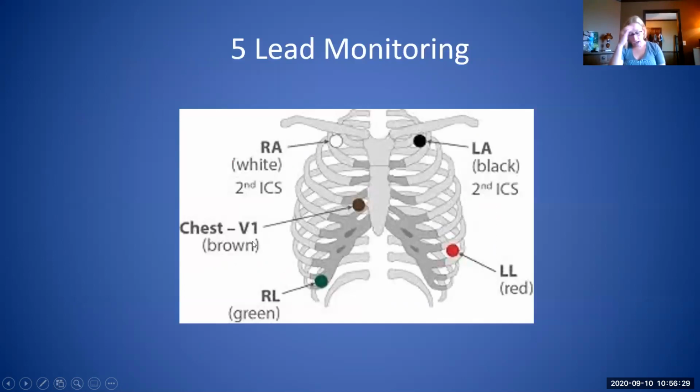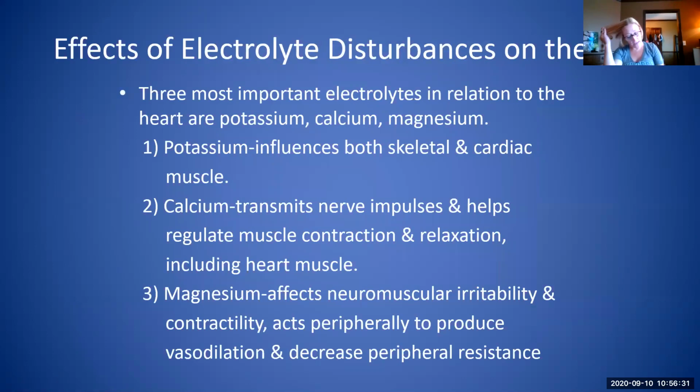All right. So with high magnesium, you're going to have a prolonged PR, a tall T wave, and a widened QRS. It can also cause those heart blocks as well. And Torsades VTach is one that's often caused by magnesium. What you see is really hard to identify.